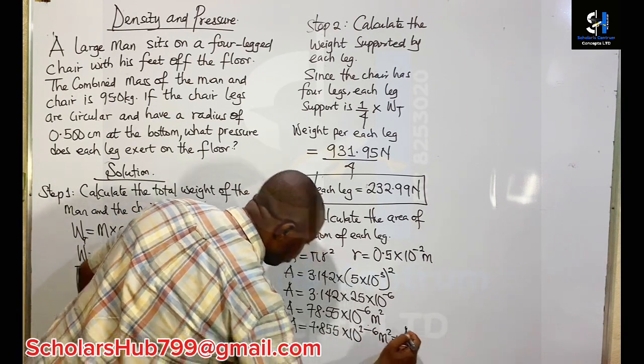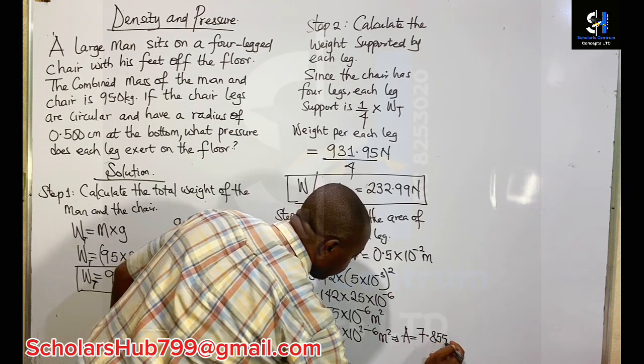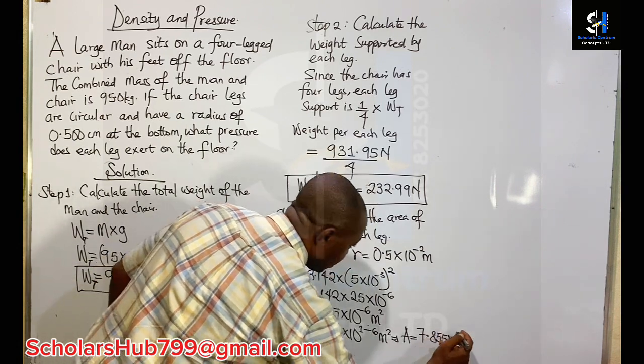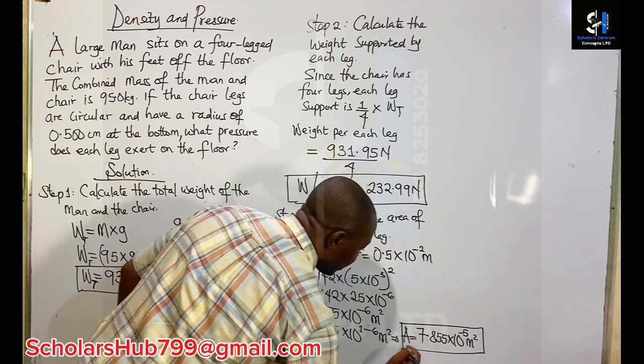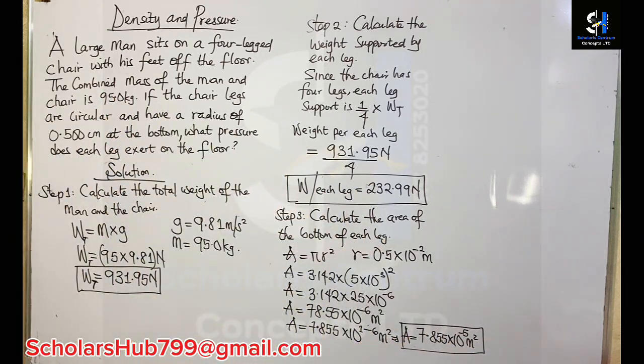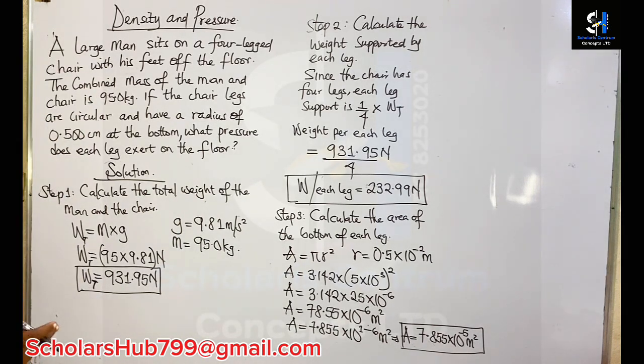So the area will be 7.855 times 10 raised to the power of negative 5 square meters. So this is the area of the bottom of each leg.